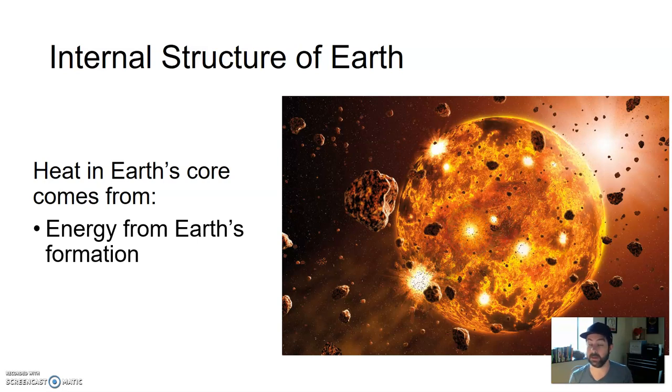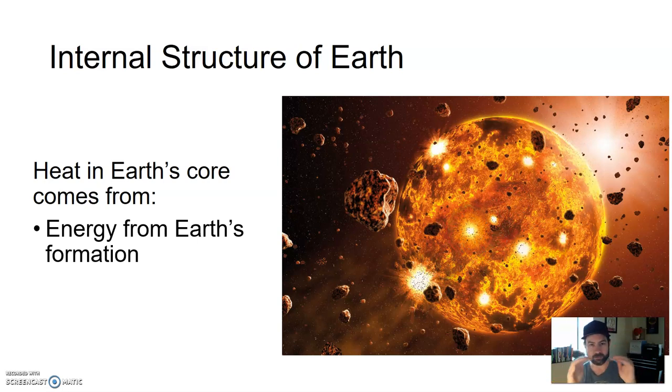That's how all the planets and our star, the sun, and all stars form, with material starting to collect. Well, when things were hitting at that velocity, the speed of these objects as they hit the Earth created friction, created heat. The Earth was so large, and this bombardment process happened for so long, that the Earth was initially a hot, molten, liquid rock ball, a big ball of lava floating out there in space.